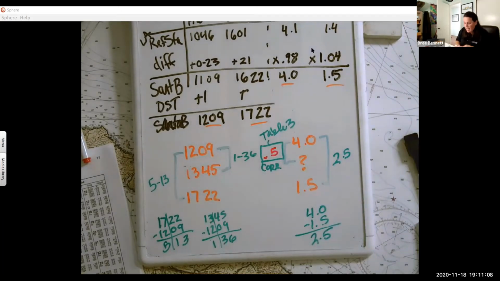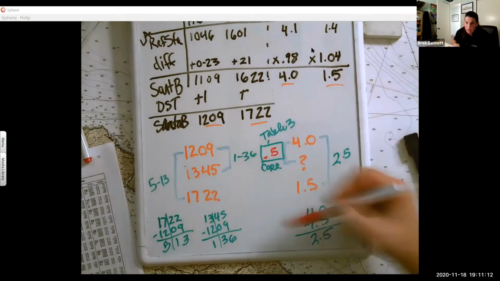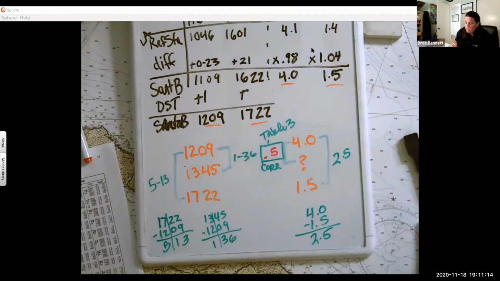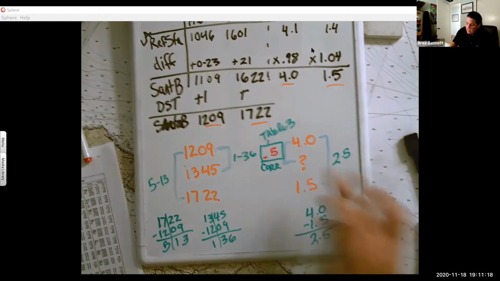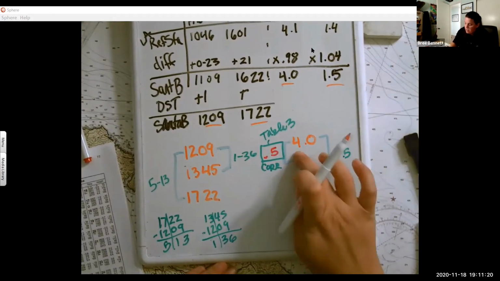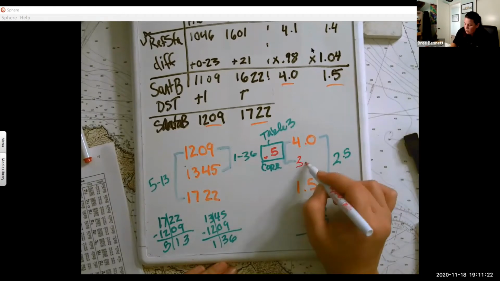So do I need to add it or subtract it? I need it to stay within this sandwich or this bracket here. So I'm going to be subtracting that. And I get a tide of 3.5.